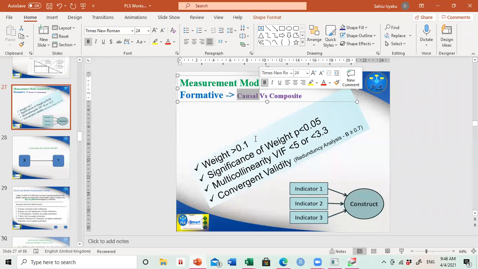These are called the marketing mix, and it is modeled as a formative construct, but it is composite in the sense that, do we have anybody that says the marketing mix is 5 now or 6?